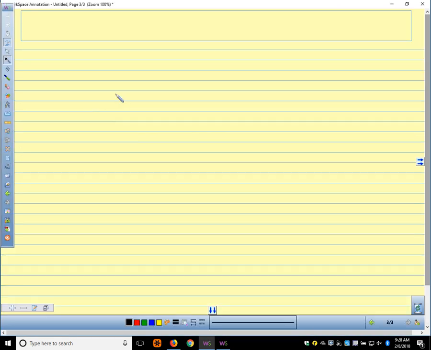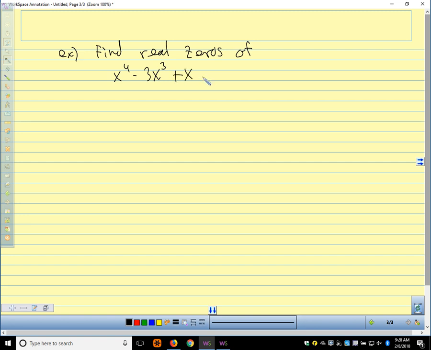So let's find the real zeros of x to the 4th minus 3x to the 3rd plus x minus 3. So there's our function, a 4th degree polynomial. Solving this using other methods is very difficult.